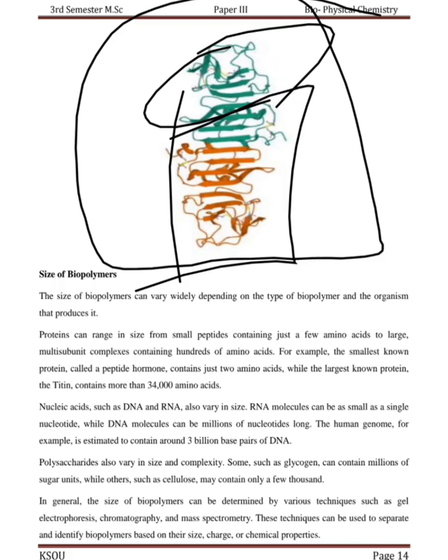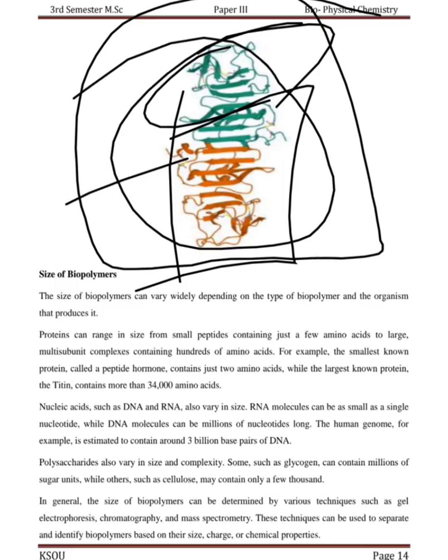The smallest known protein can be called a peptide, while the largest known protein has up to 34,000 amino acids. In the protein structure, the largest will have 34,000 amino acids.